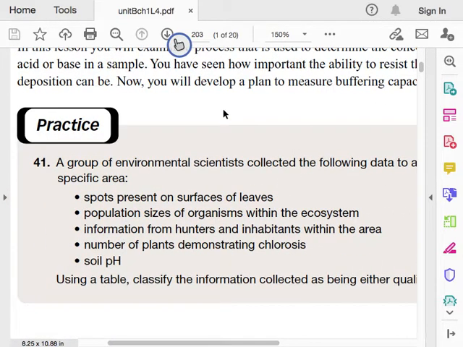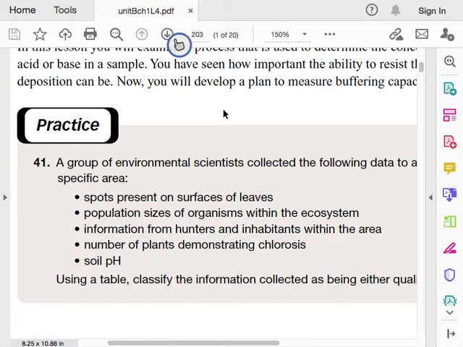What they want us to do is look at the data in question number 41 and put it into the table. They're giving you scenarios, and we say whether it's qualitative or quantitative. I want to do this with you just to figure it all out together.